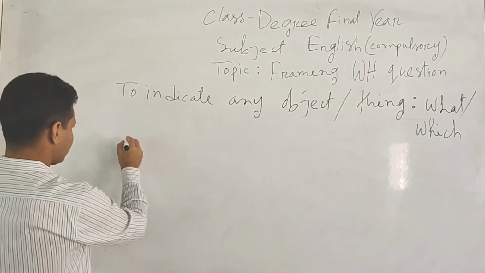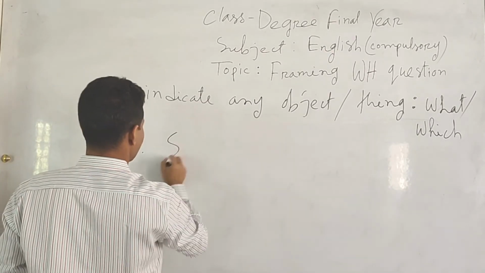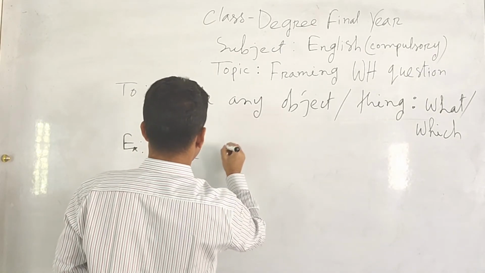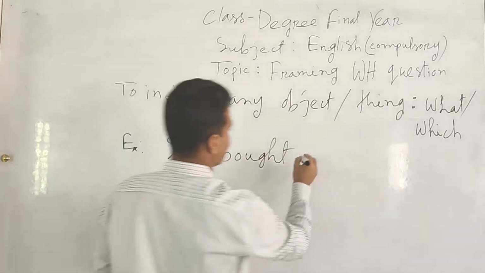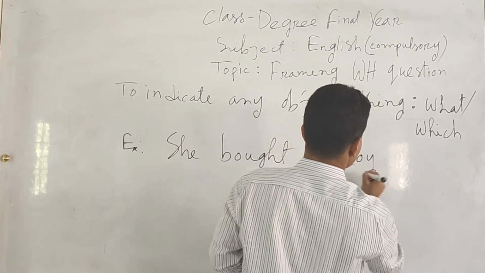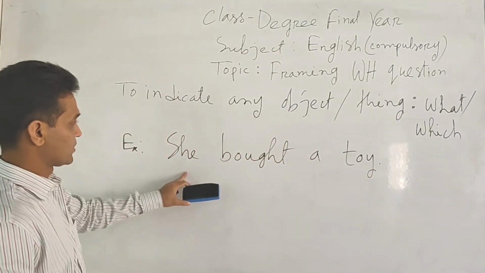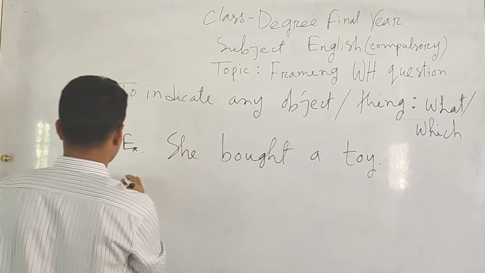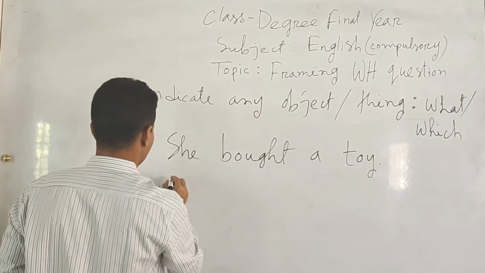Example: she bought a toy. For example, from this sentence, if we want to frame a question, we have to use what or which. Answer: here, what is appropriate.